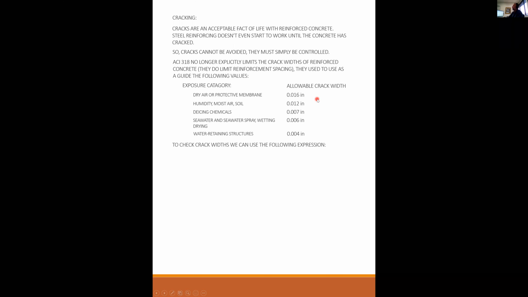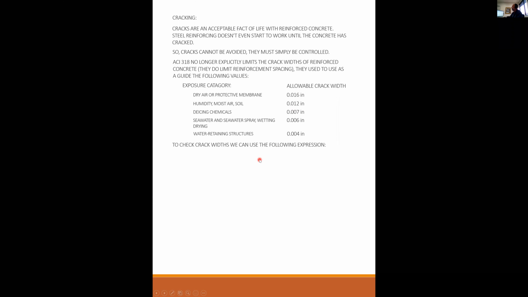Now the code used to actually have this in the code. The 12 thousandths and the 16 thousandths were kind of built into the code equations. Those equations are all gone. I'm not sure why, but somewhere around 2002 or so, they eliminated those expressions, and I'll show you what they put in.